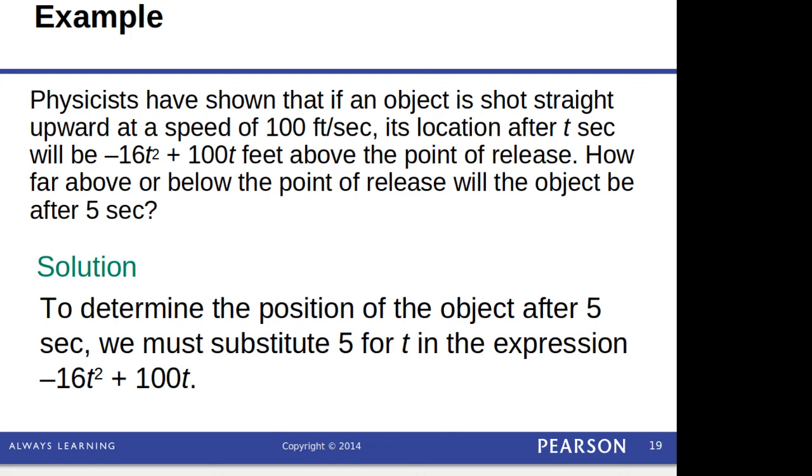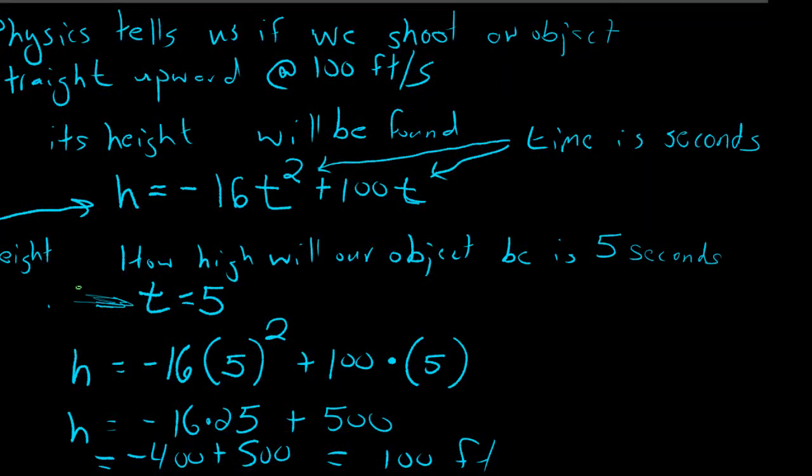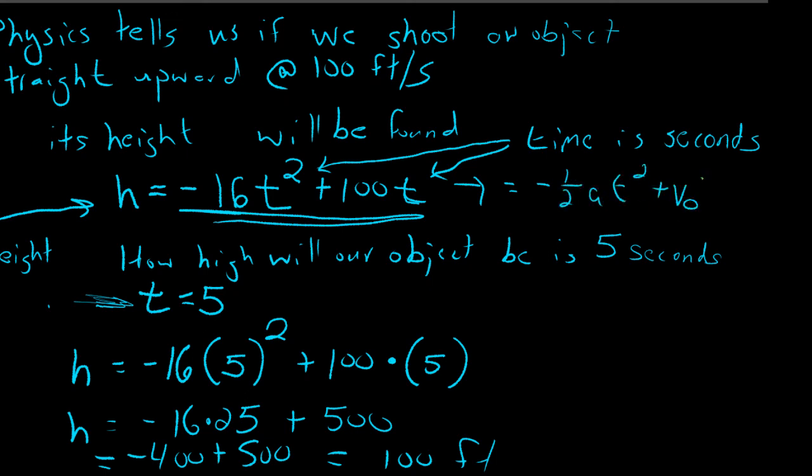I could answer your question in a little more detail. This actual thing here has a more general form, which is negative 1/2 a t squared plus whatever velocity we start with times t.